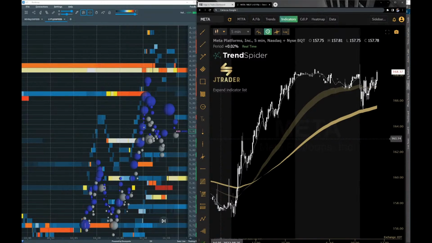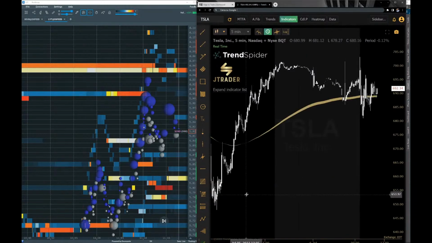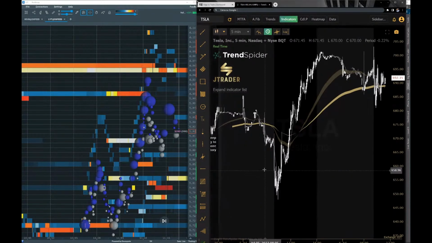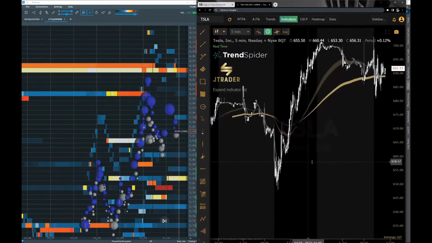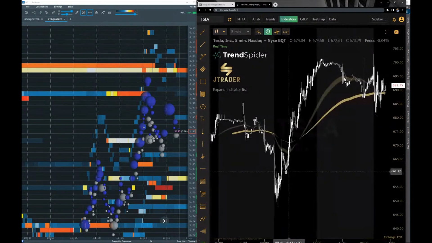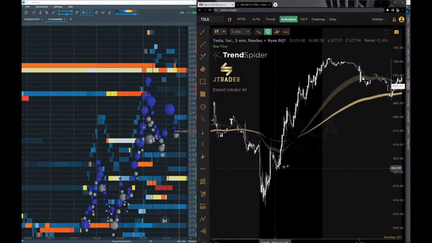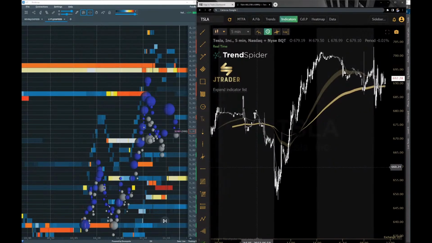Now we're talking big caps. I want to see a market that is unwinding, like Tesla yesterday morning, and through QQQ, SPY, SPX, ES, and NQ that is unwinding as well.